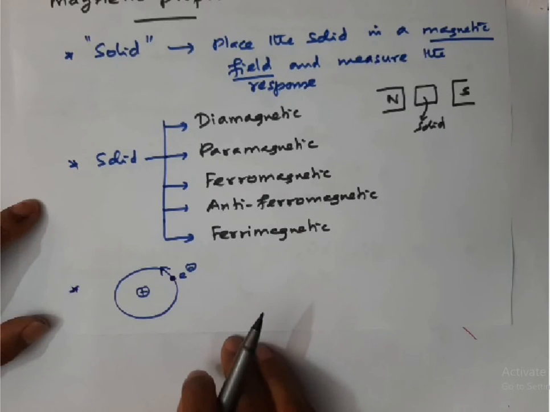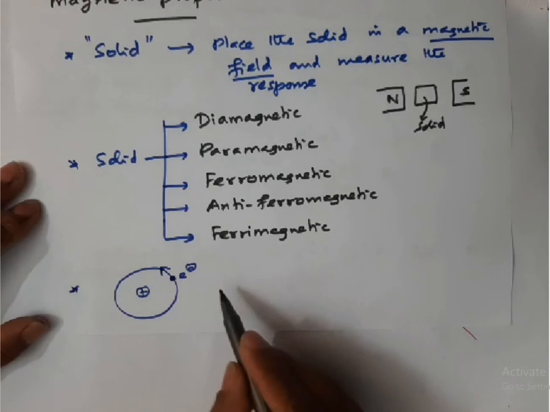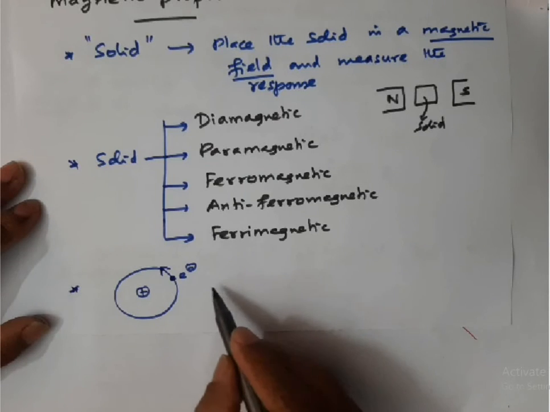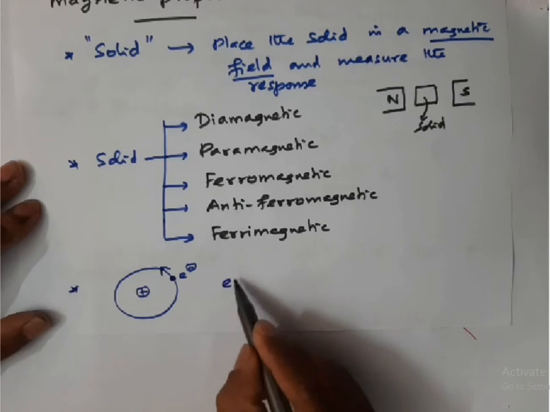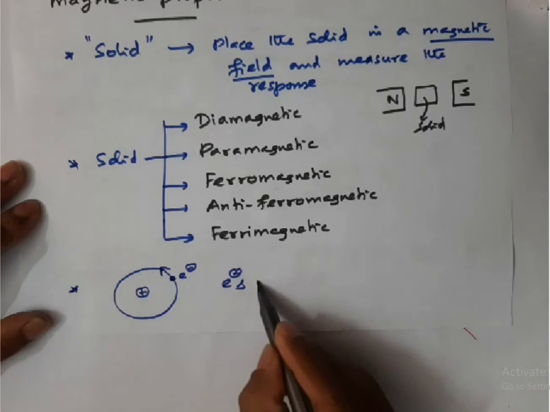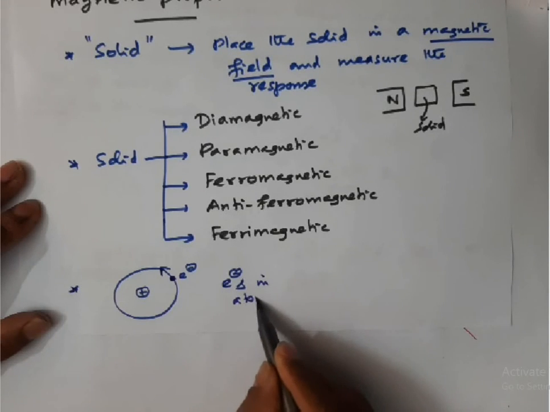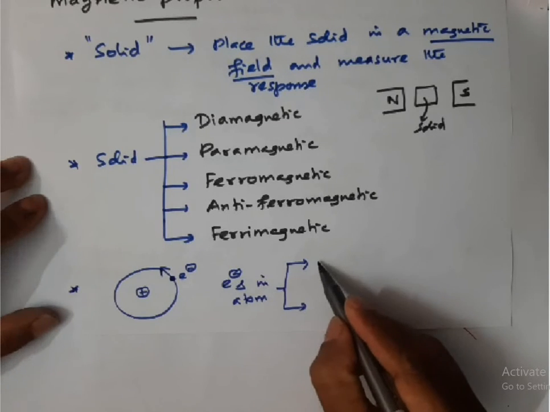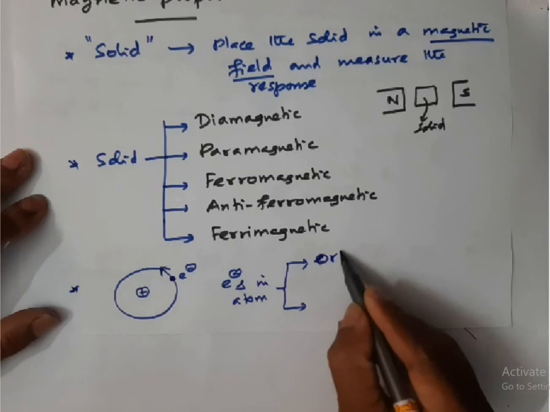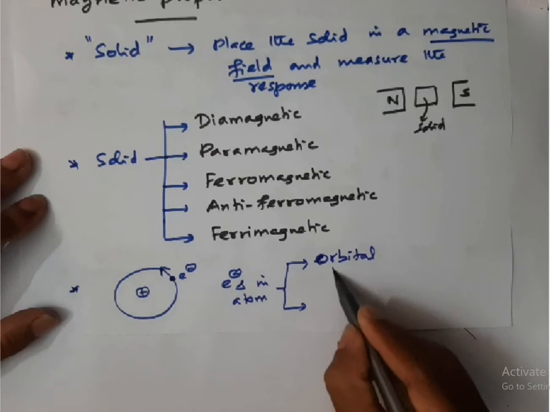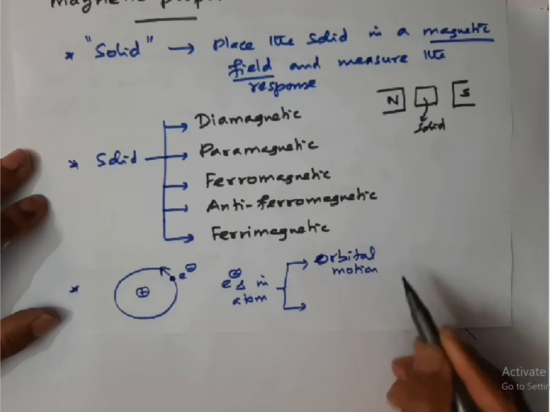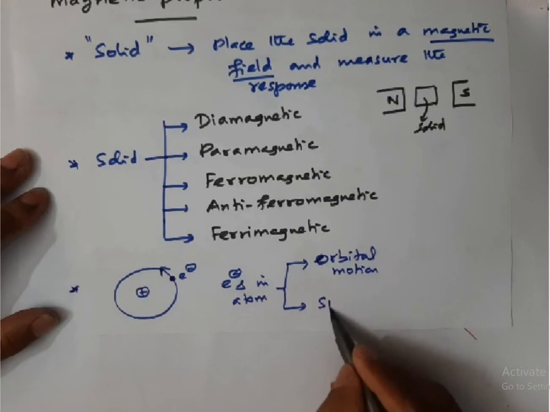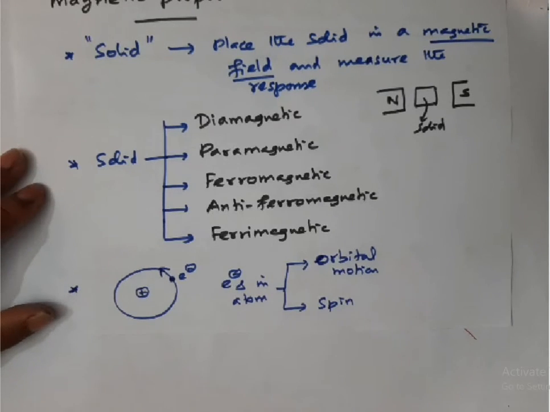We call this motion orbital motion. So electrons in an atom undergo orbital motion. Electrons also undergo spin. What is spin?